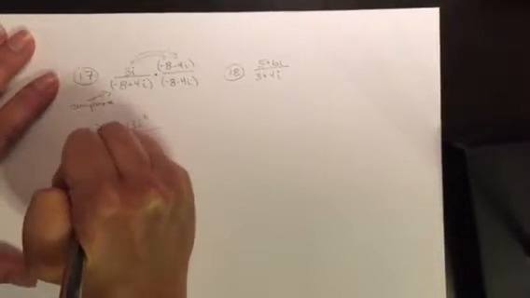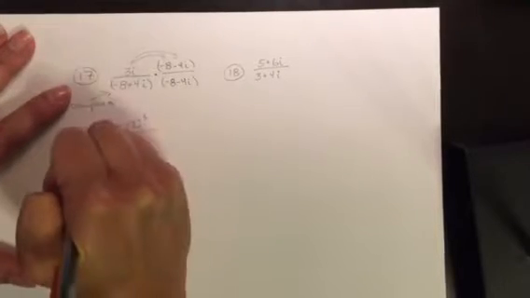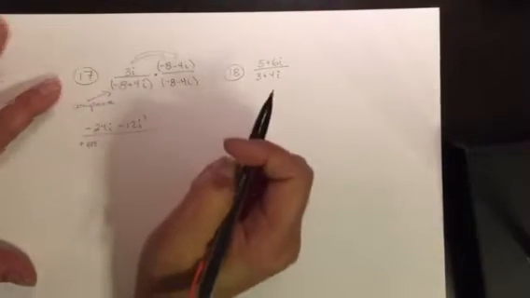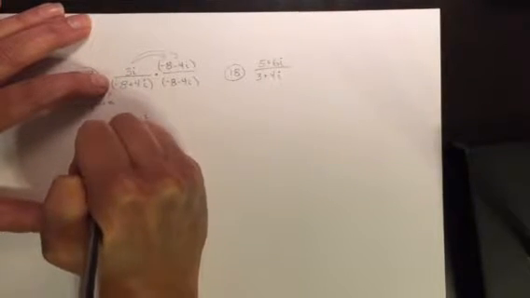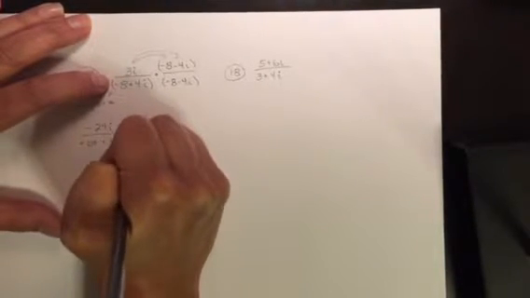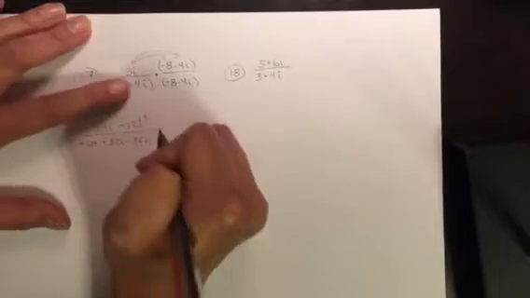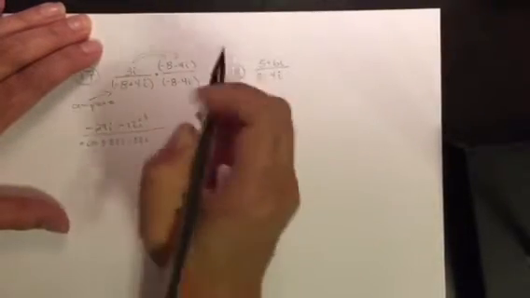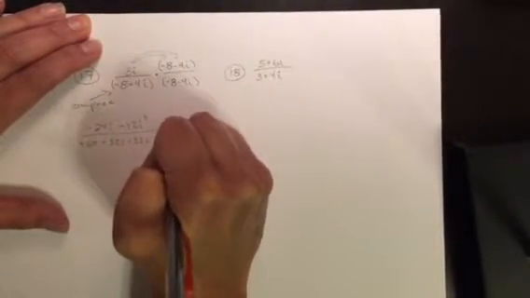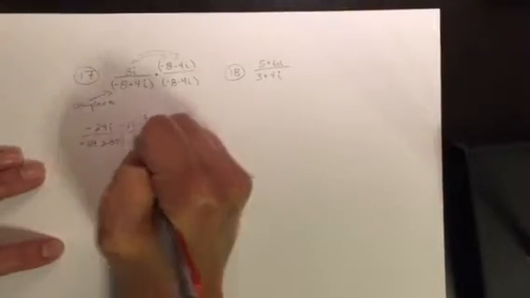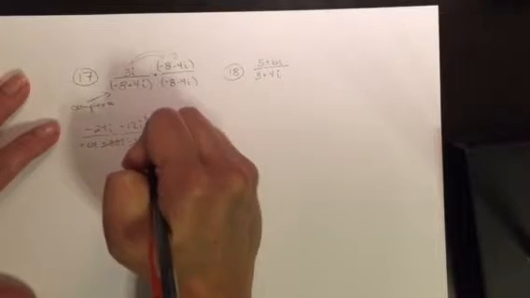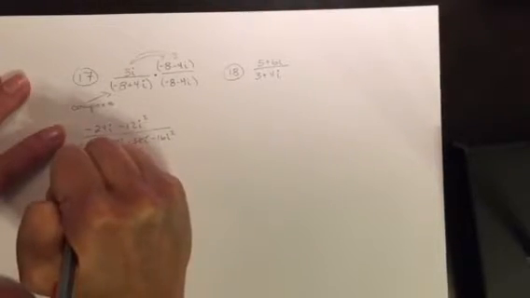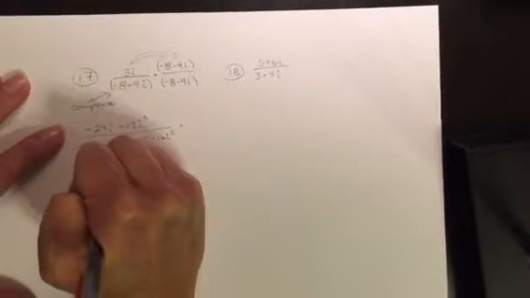So positive 64, there we go, plus 32i minus 32i minus 16i squared. Okay, now I have I squared in two places and I need to substitute in negative 1.